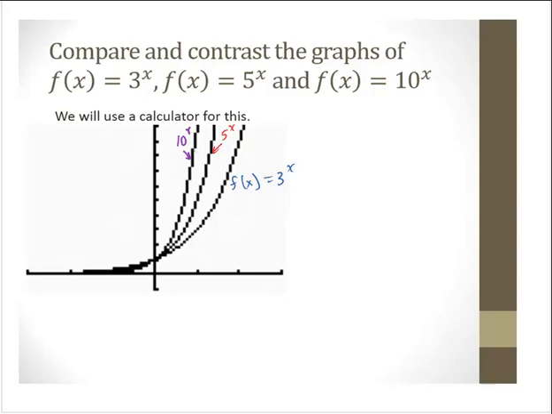So compare them. What's the same? All right, well, they are all increasing as we move from left to right. They all appear to have the horizontal asymptote.